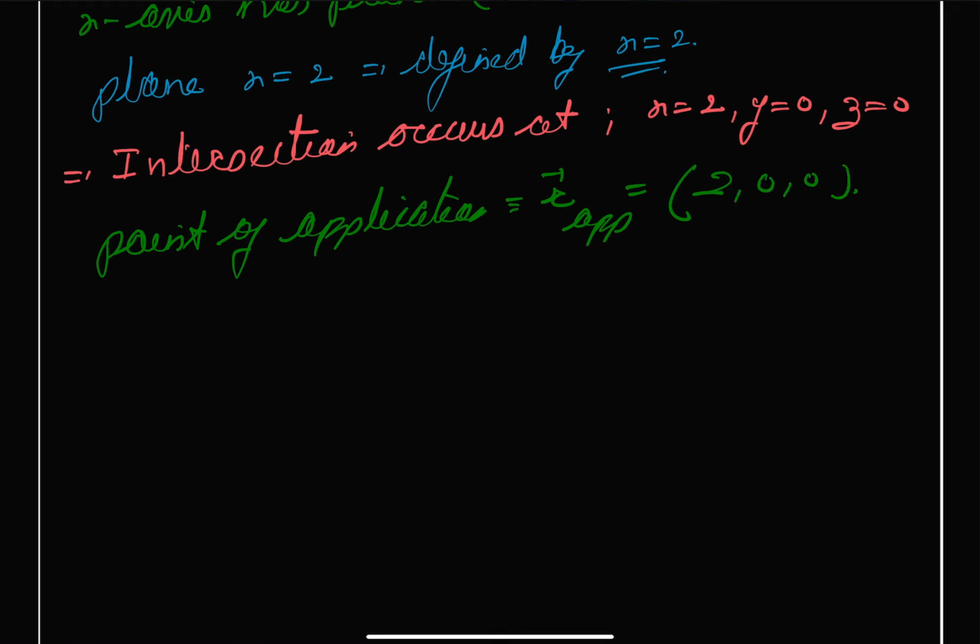Now we have to find out the relative position vector relative to the given point.